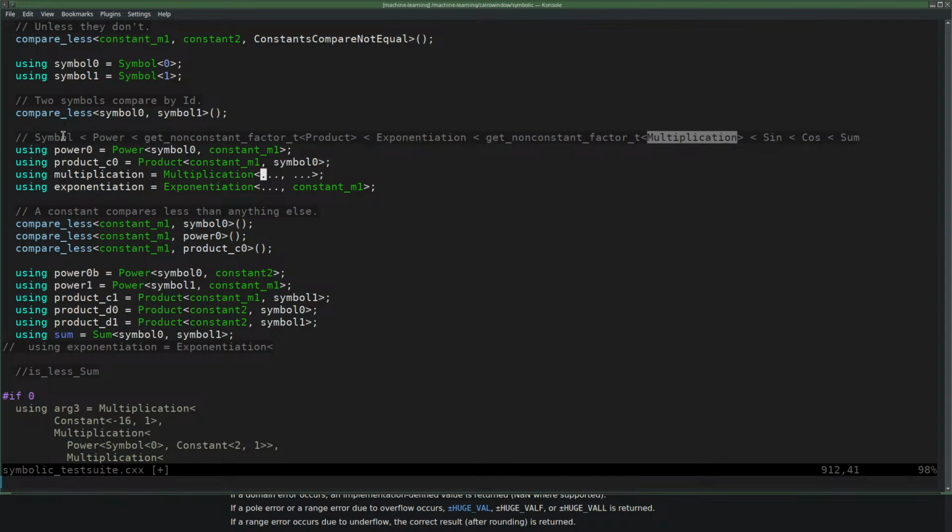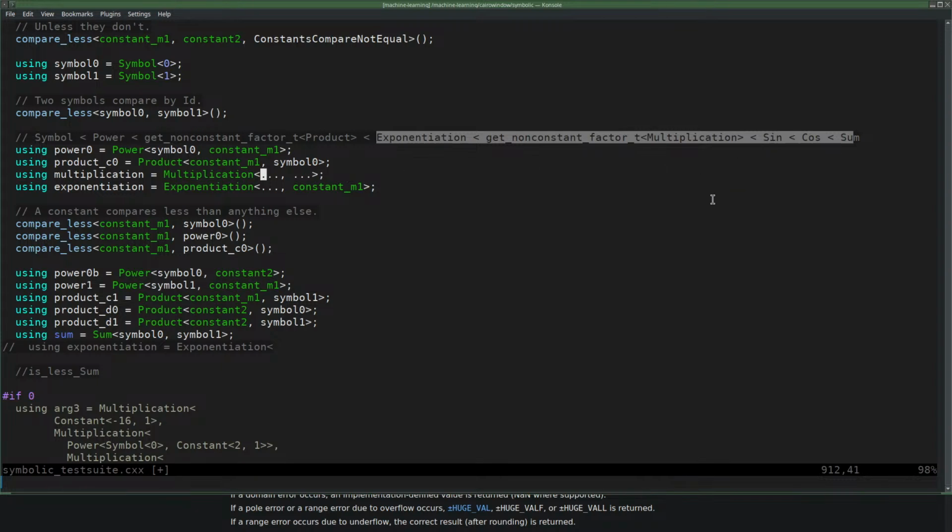Actually, it can be. The first thing can be anything, but then the combination of the two cannot be both product types, which means again that it must be something beyond this point. So I either need an exponentiation, which I don't have yet, or I need a multiplication, which I don't have yet.